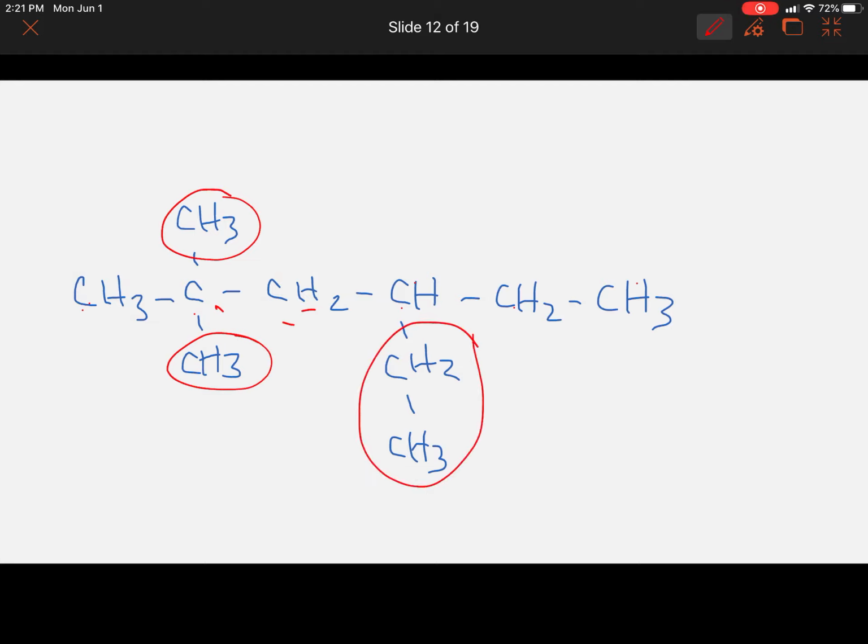So I'm going to make these my radicals here. Now these, I'm going to start numbering now from the end that's closest to where the radicals are. So I'm going to start from the left side because that gives me lower numbering combinations. So 1, 2, 3, 4, 5, 6. So that means my main chain or my parent chain is hexane. Okay, so looking at this is hexane.